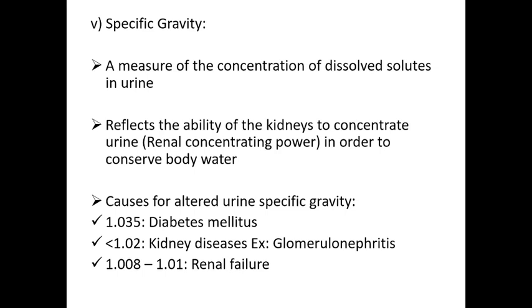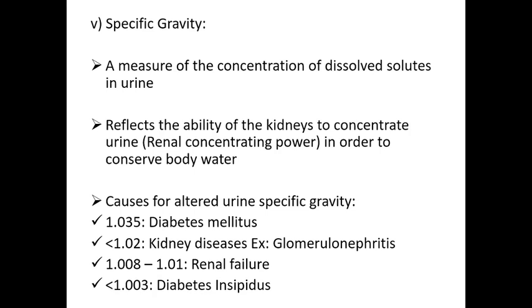And in renal failure, what happens is the kidneys become unable to maintain the normal renal functions. So therefore, the excretion of solutes does not take place properly. So in renal failure, the amount of solutes excreted in urine will be less. So that is why the specific gravity is further reduced in renal failure. It will be 1.008 to 1.01 in renal failure.